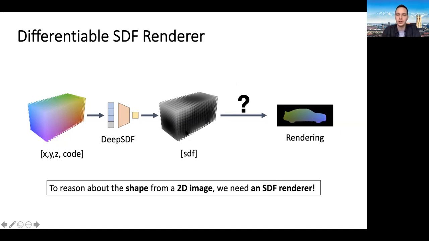You shoot a ray and see when you hit the SDF. But this approach is very slow. There is a differentiable ray marching renderer, but it's also slow and usually done to simulate effects like shadows and mirroring, which we don't really need for this application. We wanted something really fast, as fast as we can make it.